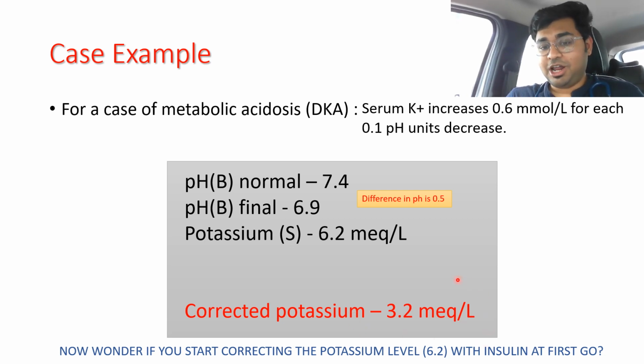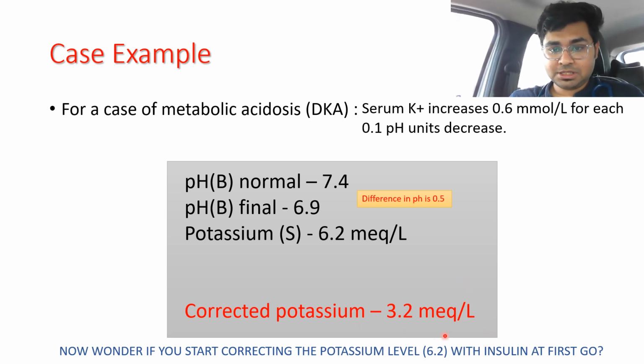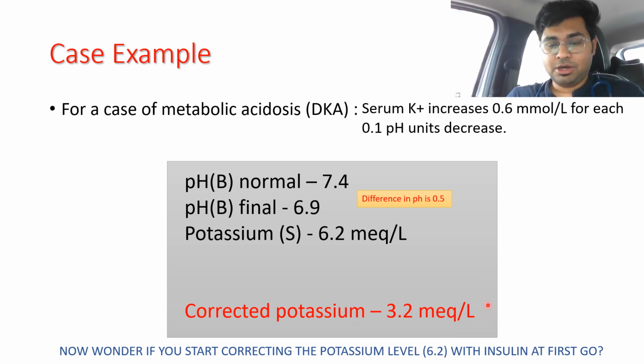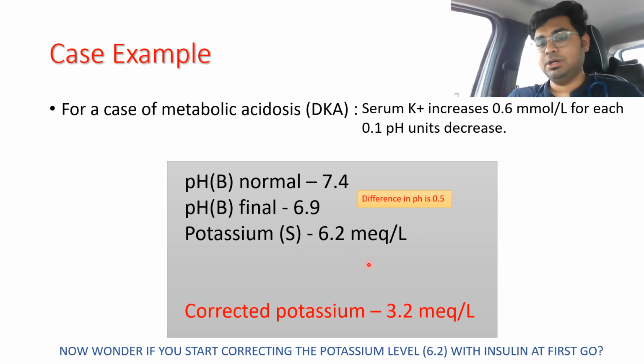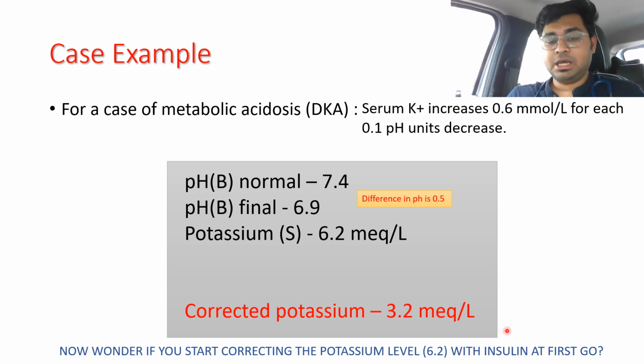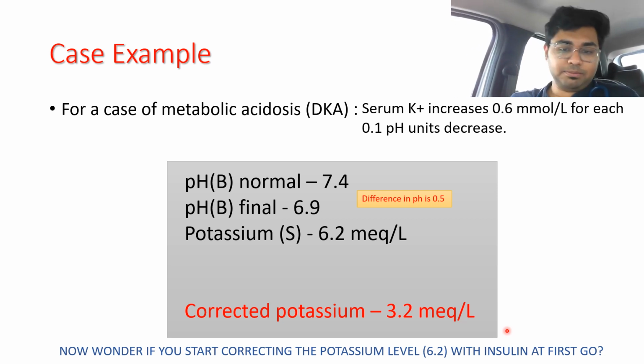Now you can see that this patient is actually hypokalemic, not hyperkalemic. At first, we suspected a hyperkalemic component, but after calculating the ideal potassium level, we know this patient is actually in a hypokalemic condition.